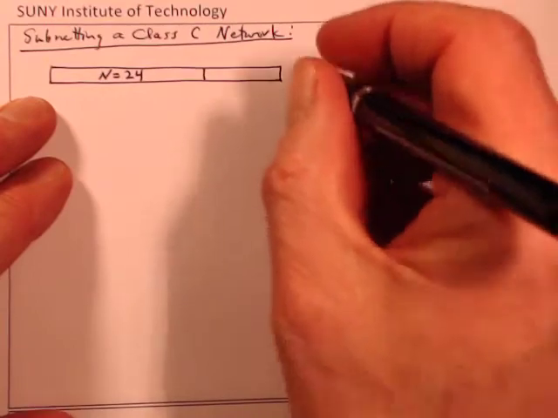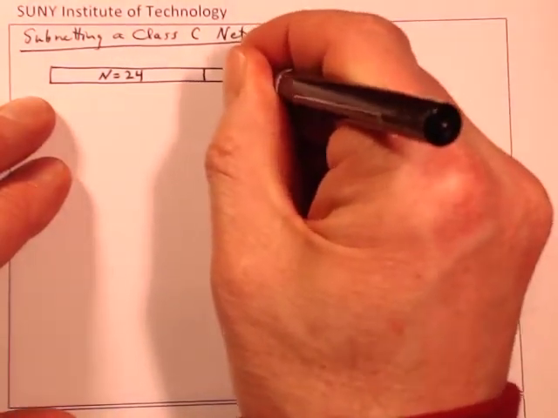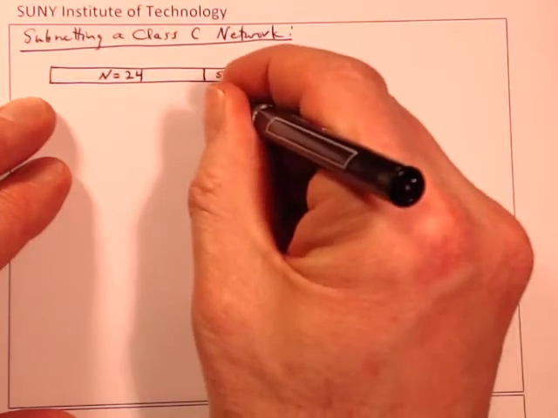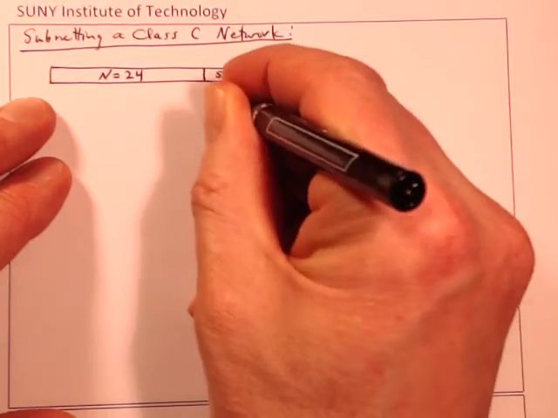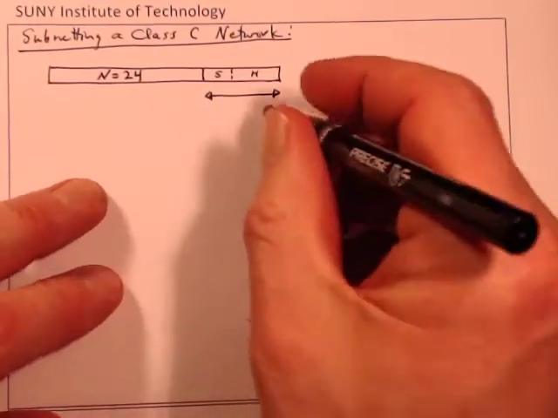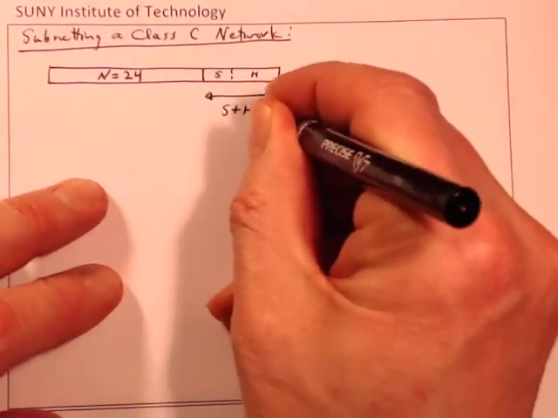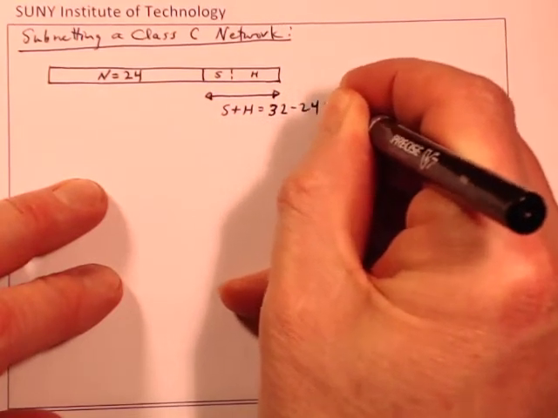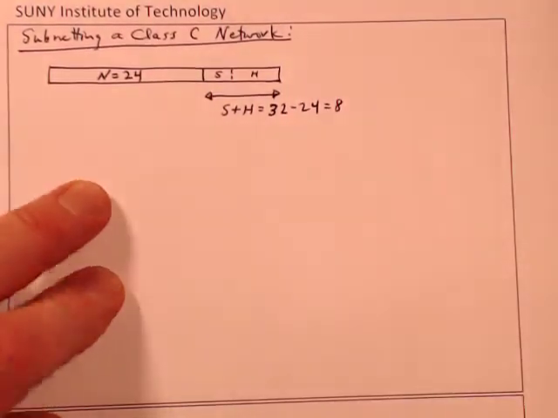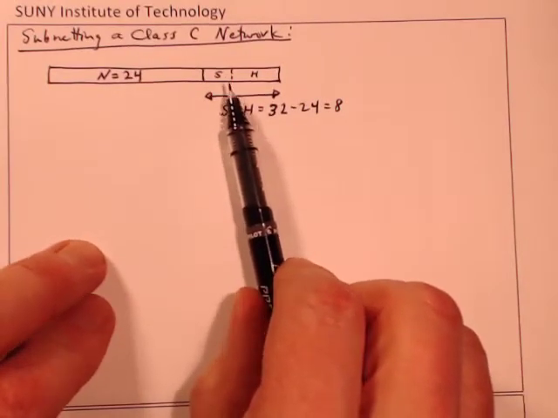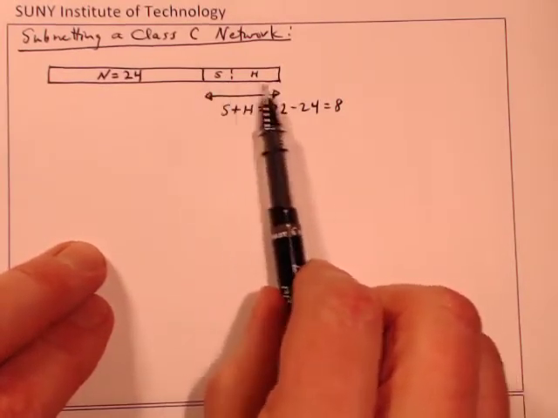But the last 8 bits we can use to break up our network into subnets. And S plus H has to equal 32 minus 24, or 8 in this case. Okay, and I put a dotted line here at the division between S and H because we can vary that.